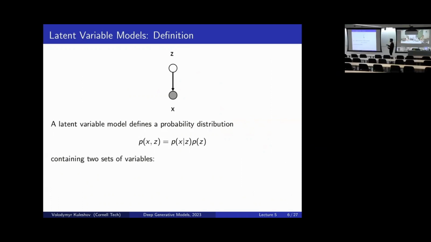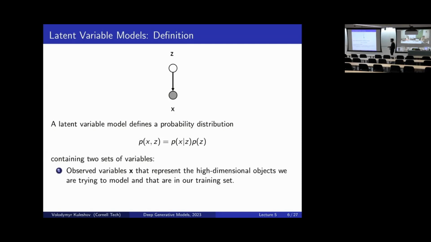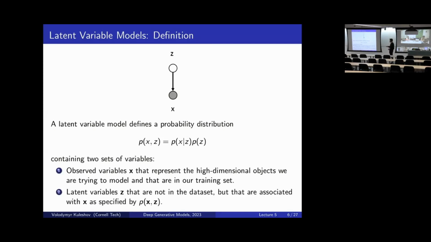But at a high level, you can think of a latent variable model as a probability distribution over two sets of variables, x and z. x is our image, z is some variable that we're going to add, which is not in our data set. x are the observed objects, and z are some interesting facts about x. x is one data point, z is its latent representation, and z has some information that's interesting to us, but we don't observe it. So we're going to use some unsupervised learning techniques to discover it.